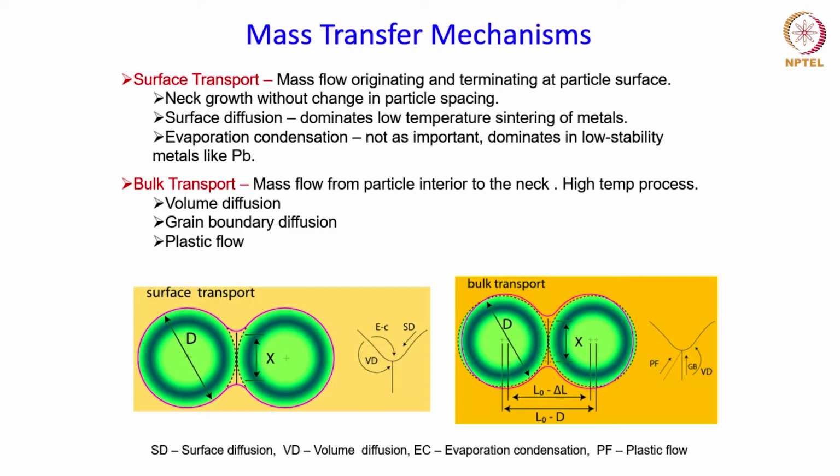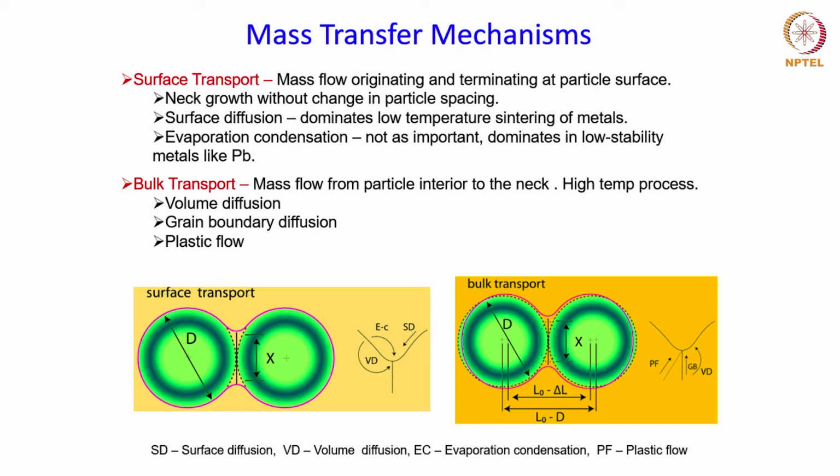Then we talked about the different mass transfer mechanisms. These are basically categorized into surface transport and bulk transport. The surface transport mechanisms are non-densifying. They lead to the neck growth and bonding between the particles, but do not really lead to shrinkage. Okay.